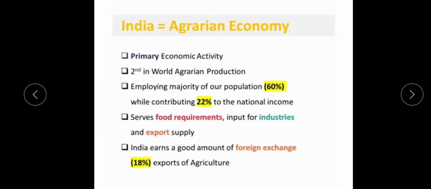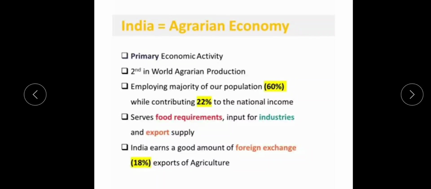The full form of GNP is gross national product. Agriculture is feeding our large population, and it not only serves food requirements, but also supplies raw material for many industries, that is, input for industries.